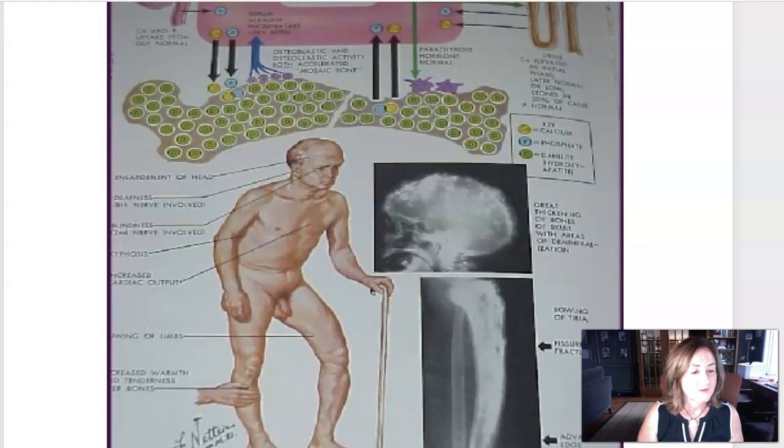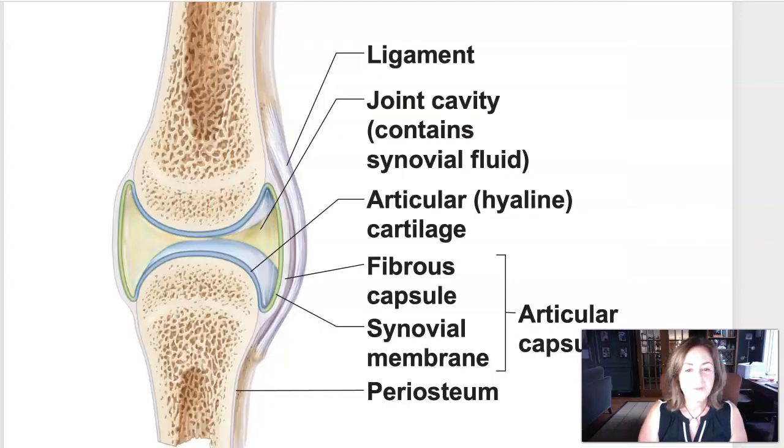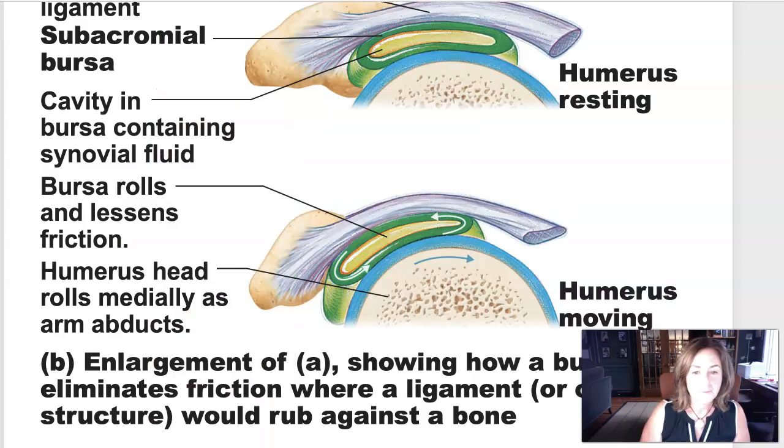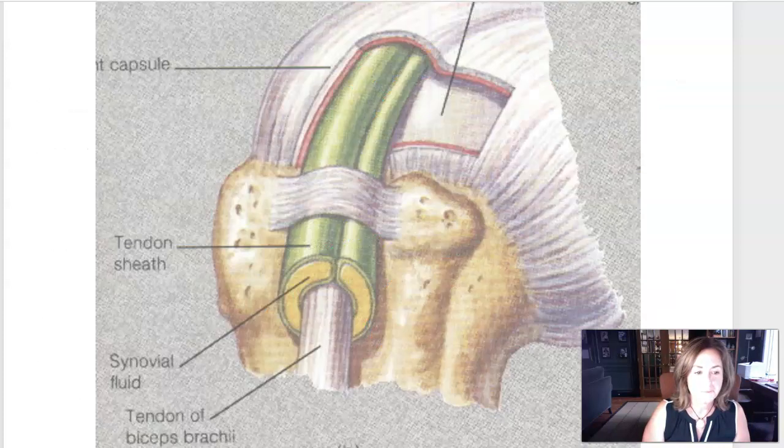I'll just show you some of these things. And so this is the structure of a synovial joint that I go through in the video that I made for you. This is a bursa, so you can see kind of like a fluid-filled pillow that reduces friction. Compared to tendon sheath is the same thing, really, but it just wraps around the tendon.